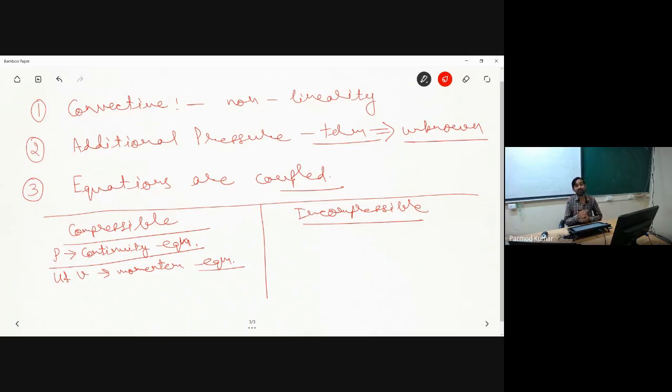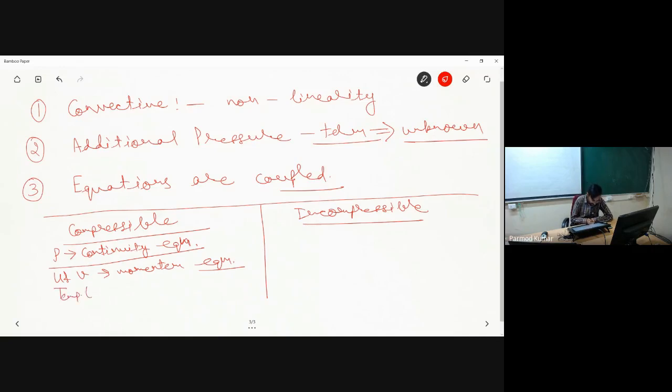Okay, when we have a compressible flow situation, then density will be a function of our field parameters. So density will be a function of pressure and temperature. So obviously, when we have a compressible flow situation, the continuity and momentum equations will not be sufficient. We have to also find the temperature field.